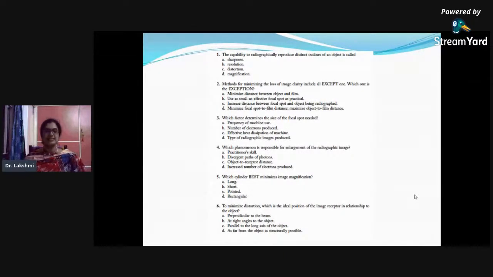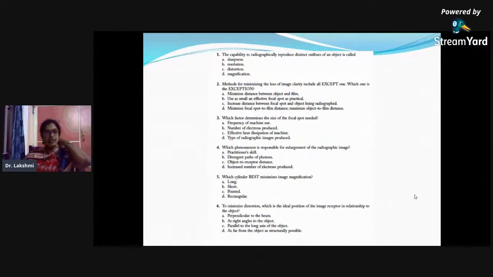The ray is divergent, right? So that is responsible for the enlargement or the magnification. So fourth one, answer is B. Fifth one, which cylinder best minimizes image magnification? The option is A, that is long cone technique. That is paralleling technique.